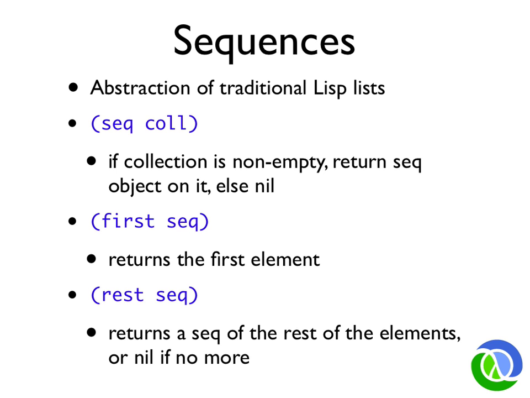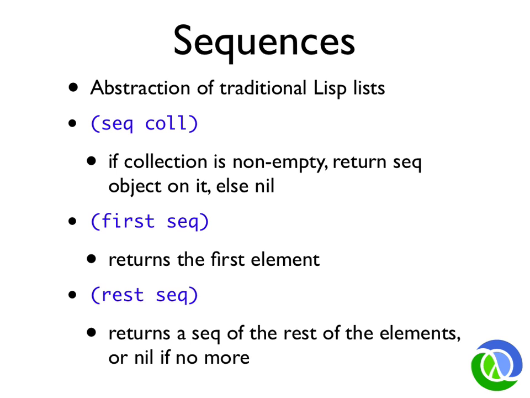If it's not empty, you will get back an object. That object only makes two promises. You can call these two functions on it. Right? This function promises one thing. There will be a first element, because we already covered if there's not a first element here. So if you say first of the seq, and this is not null, it means you have a seq, you get back a guy.